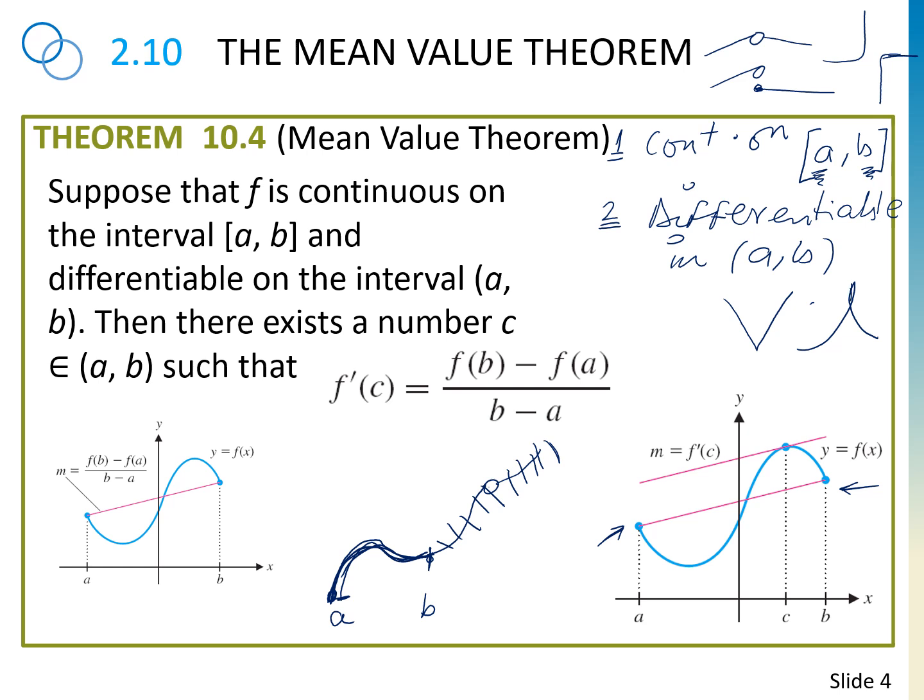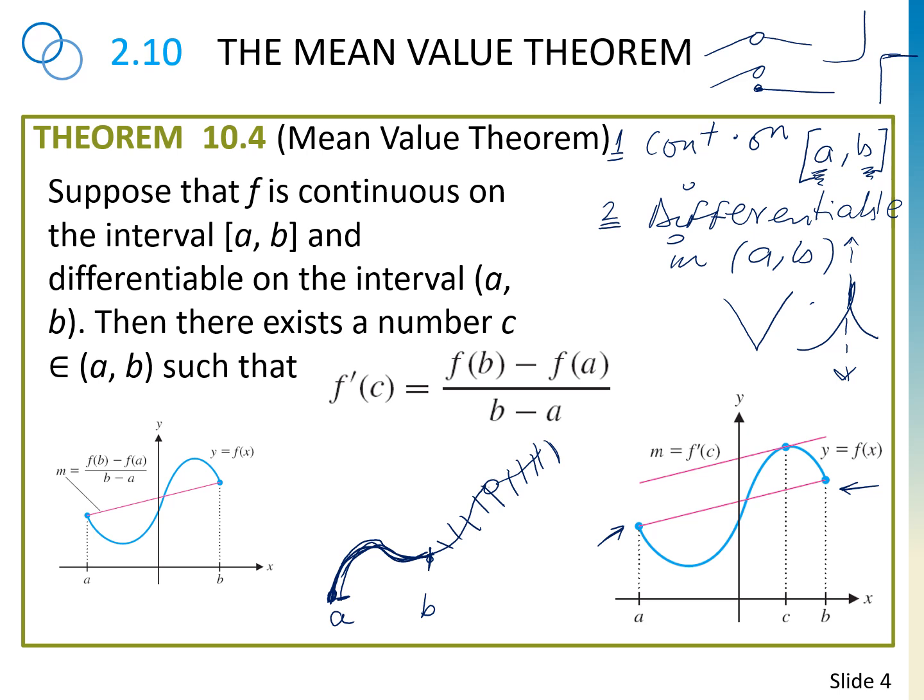Because when we draw the slope at a sharp turn, we can get a vertical line. It means that the slope of the tangent line at these points is undefined. So this is not the concept of the mean value theorem or even Rolle's theorem. That's why it has to be differentiable.